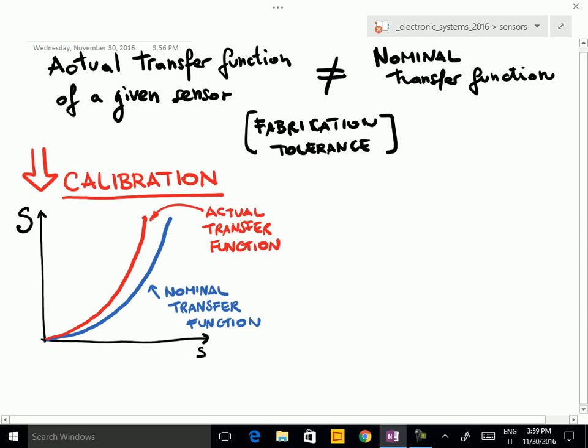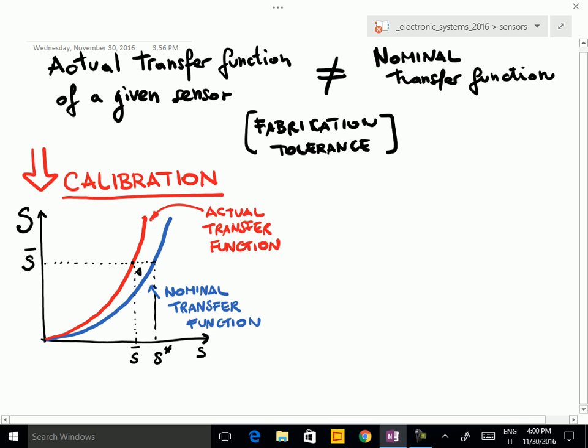So what's the problem? If this is the stimulus, this is the response. But if we think that we have the blue transfer function, the nominal transfer function, when we have this response, we associate it with this stimulus.